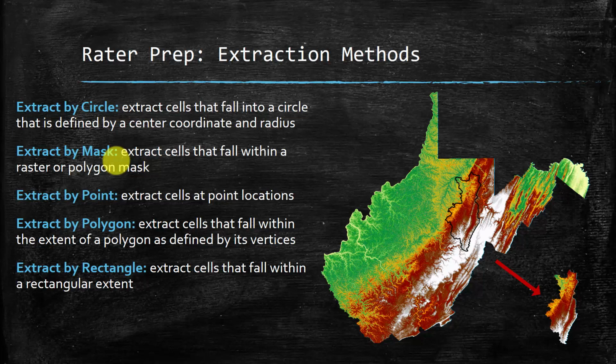That can be done with extraction methods, for example in ArcGIS, such as extract by mask, extract by point, or extract by circle, polygon, or rectangle. One that I really like is extract by mask. That allows you to extract all the cells that fall within a mask, like a polygon or a raster mask.